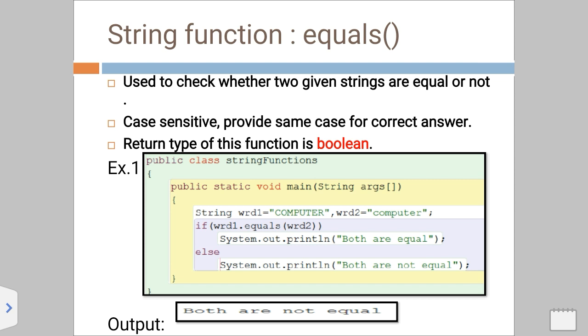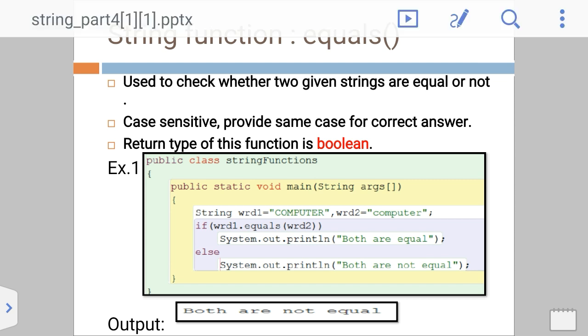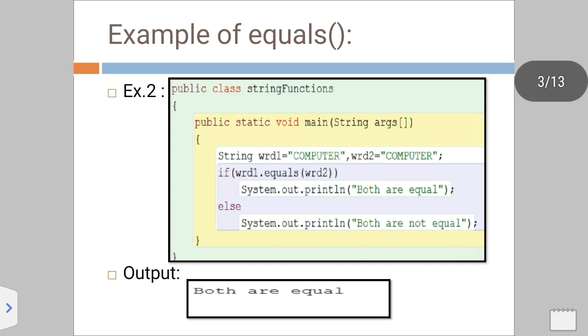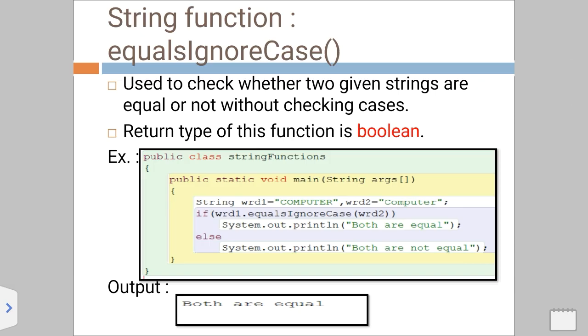If we want to check whether computer is equal to computer in any of the cases, then we have our next function, that is equals ignore case function. It always removes the drawback of the equals function.